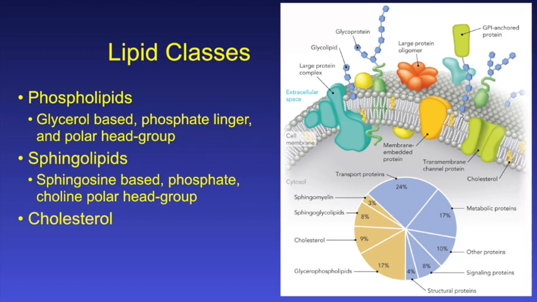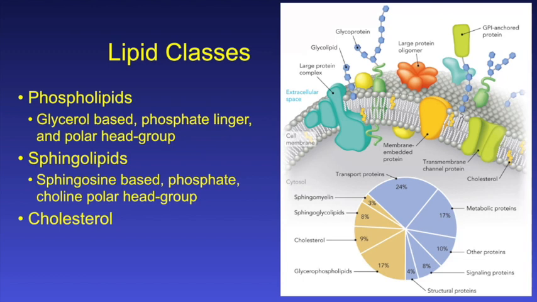Now, the mix within any individual membrane is quite different depending upon the tissue type. All right, phospholipids are there, sphingolipids are there, cholesterols are there.